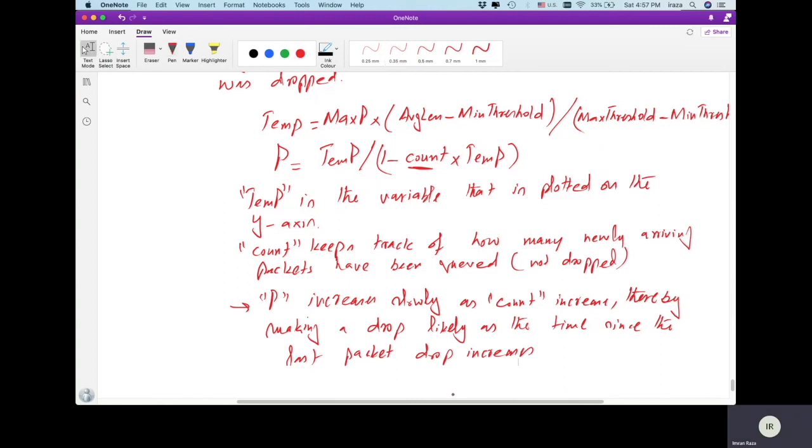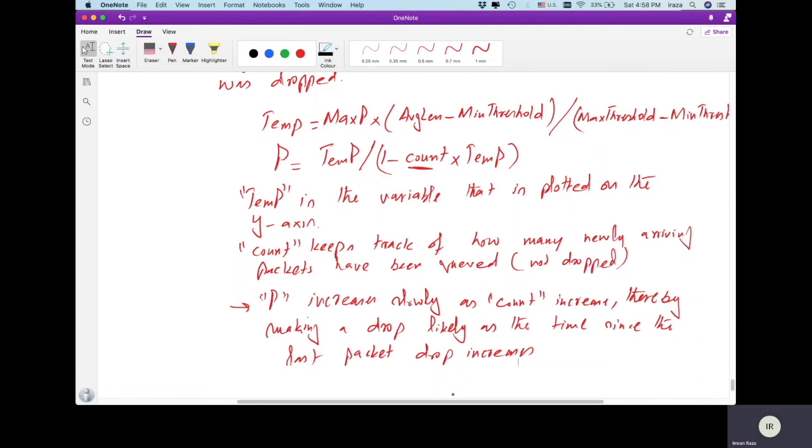Right. So this helps us understand an important point: this makes closely spaced drops less likely than widely spaced drops, right?